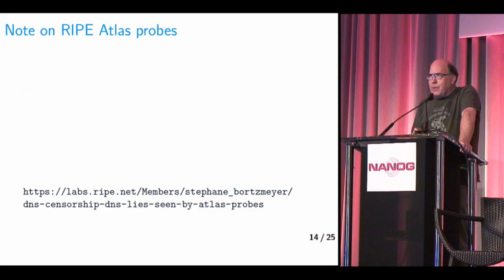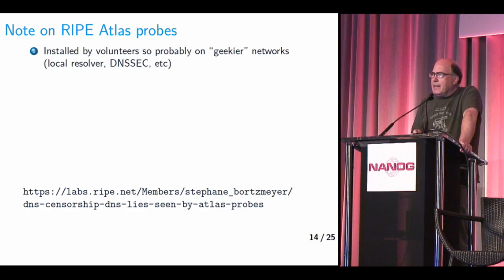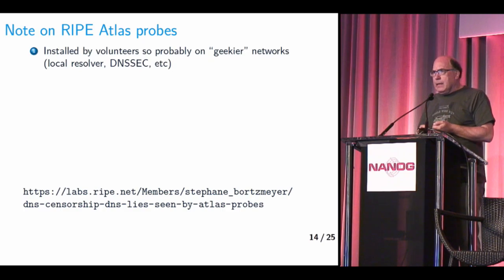An important note about the RIPE Atlas probes, something important to keep in mind, is that they are installed by volunteers, which means that typically they are probably in networks which are more geek than the average. For instance, they probably use DNSSEC. For instance, 1/3 of the Atlas probes have IPv6 connectivity, which is certainly more than the average.